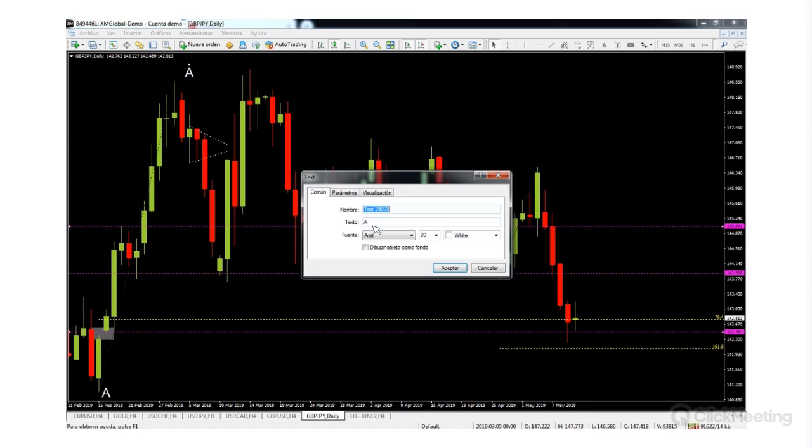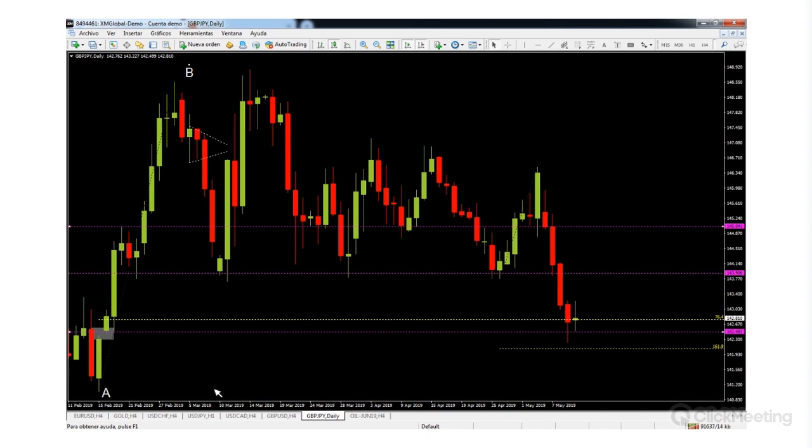So this is where we are right now: the 76.4% retracement of the A to B move. And if you remember, I already told you that when it comes to ratios, between the 61.8 and the 76.4% are my favorite. Look for a continuation of the move.